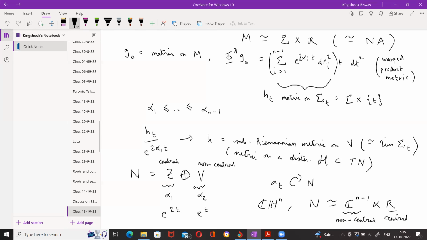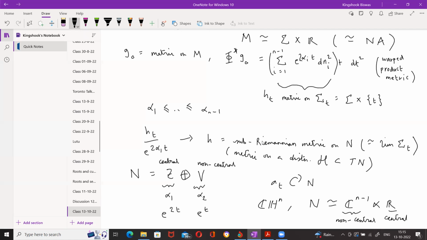With the sub-Riemannian metric on the distribution, you can integrate and find lengths of horizontal curves. Your Carnot-Carathéodory metric is the infimum of the lengths of horizontal curves. That's how you get the metric structure on the Heisenberg group.